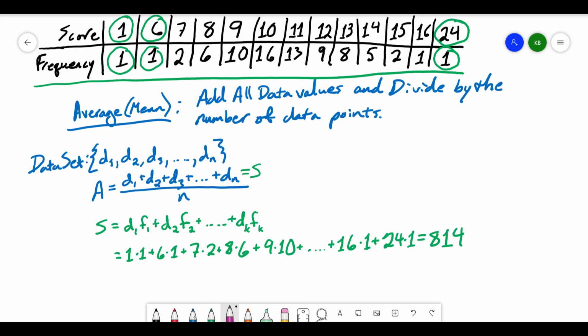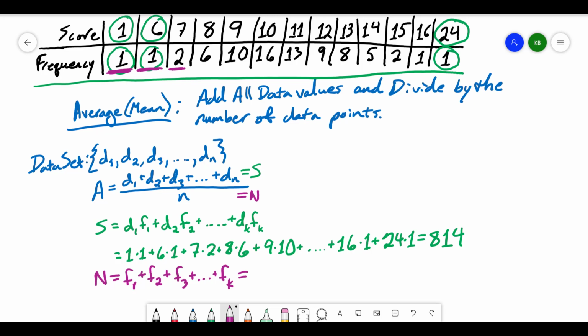Now, the other thing that I need to know is, what is this n? What is this number of values that I have? To find that, I'm going to add all of my frequencies together, because this is saying I have this score once, this one twice, so there's 4 data points in those first 3 columns. So n is going to be frequency 1 plus frequency 2 plus frequency 3 all the way up to frequency k.